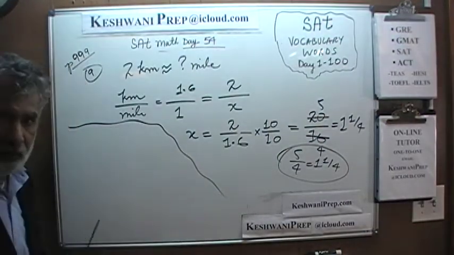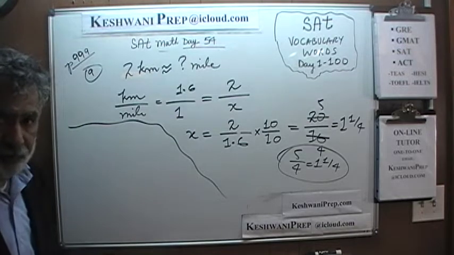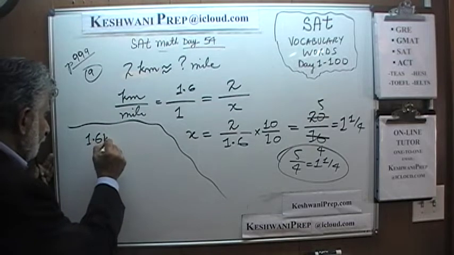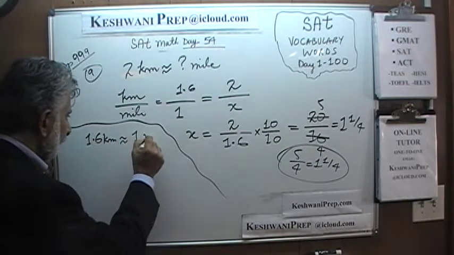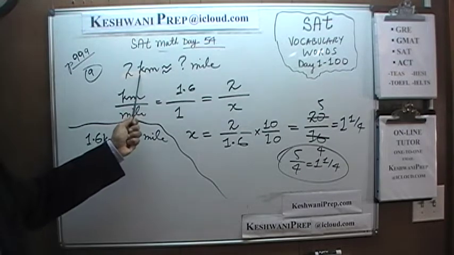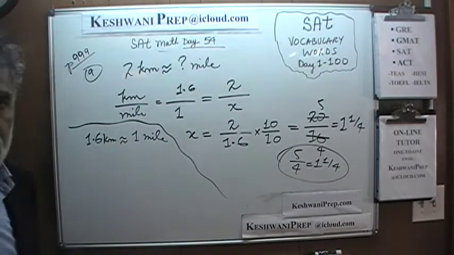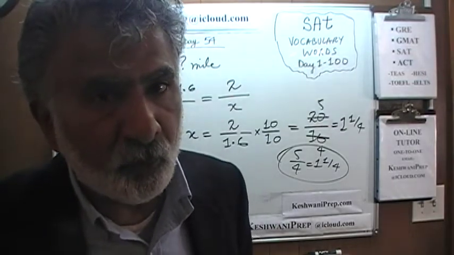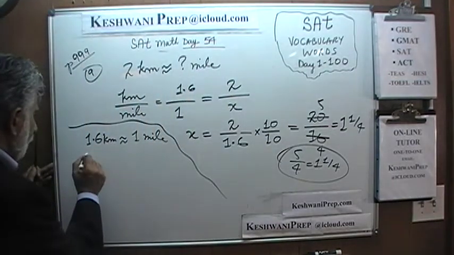Another way we could have done it is by simply using the information that they give us, which is, we know that 1.6 kilometers, we are told, is approximately 1 mile. But we don't need 1.6 kilometers, we need 2 kilometers. We are 0.4 kilometers short. Instead of 1.6, we need 0.4 more. So let's have 0.4 more.